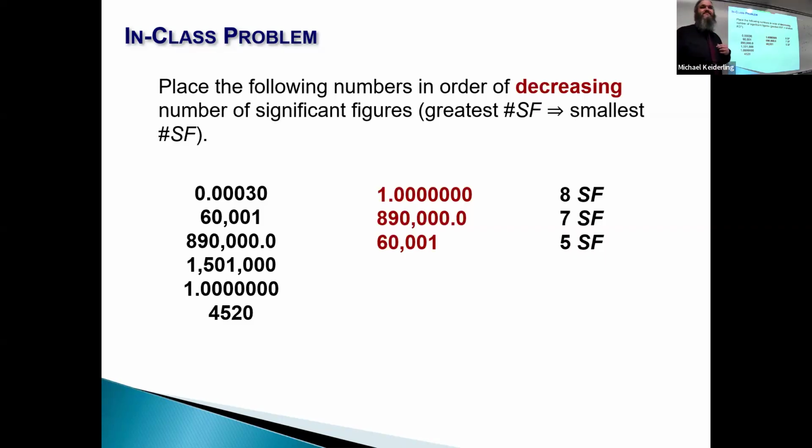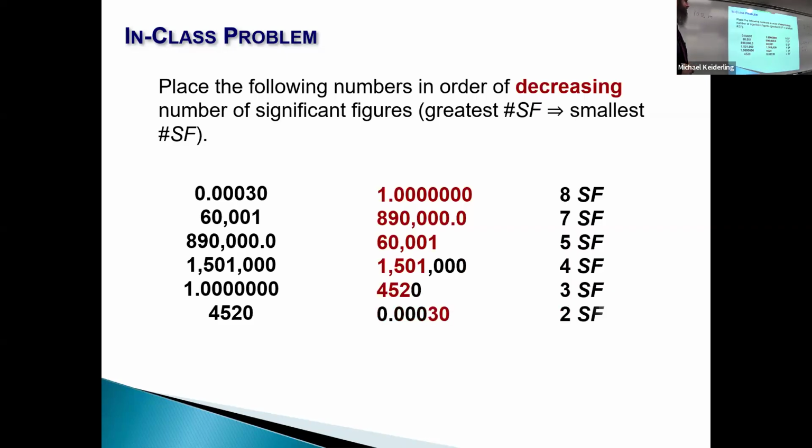Any other thoughts? This one? Yeah. This has 4 significant figures, because this 0 is in the middle, so it counts, and that's 4, but the trailing zeros don't. So you can see the red numbers are significant, the black numbers are not. Then we get the 4,520, which has 3. And then the last one is 0.0030, which only has 2.